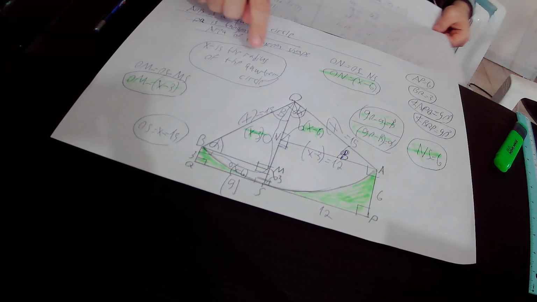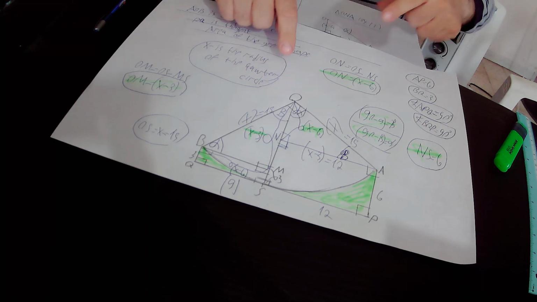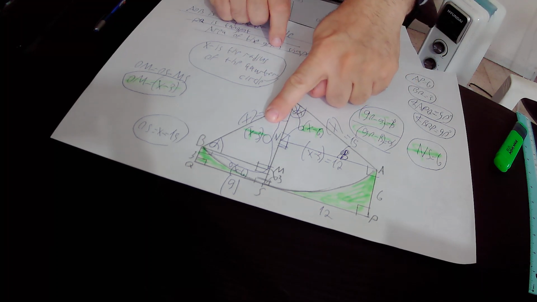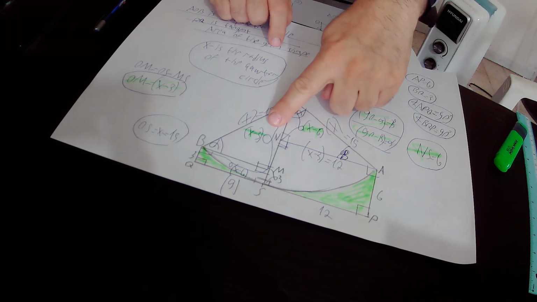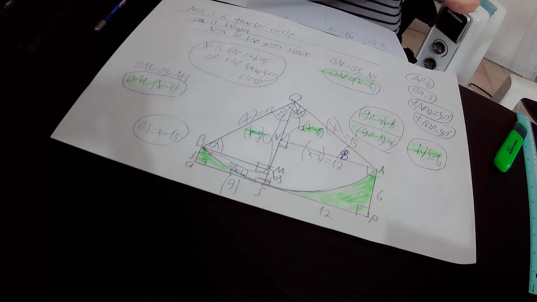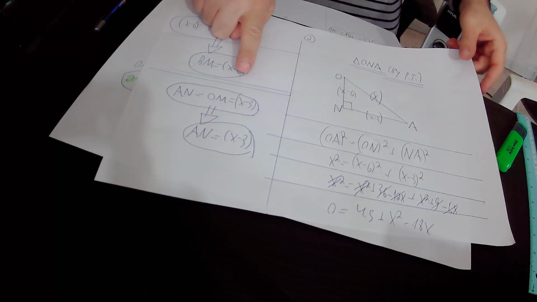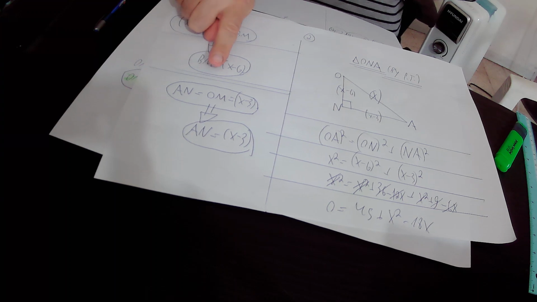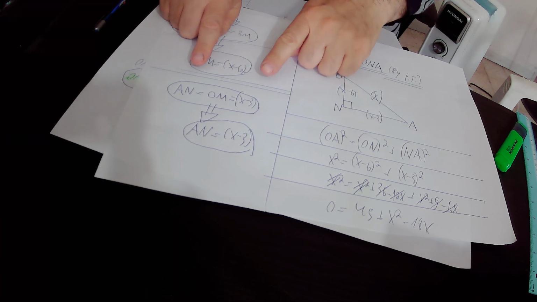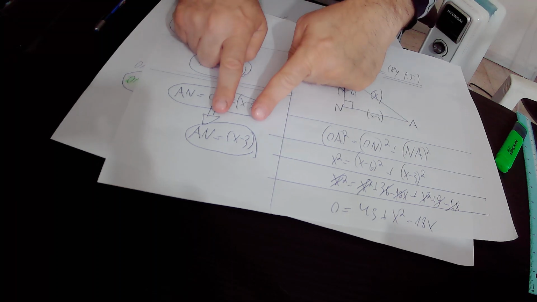But we have already found out that OM equals x minus 3. So we can write here that OM equals x minus 3, and from the equation AN equals OM equals x minus 3, we derive that AN is also equal to x minus 3.